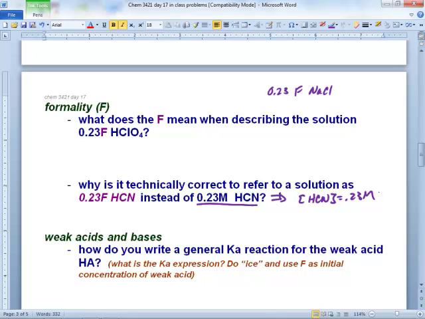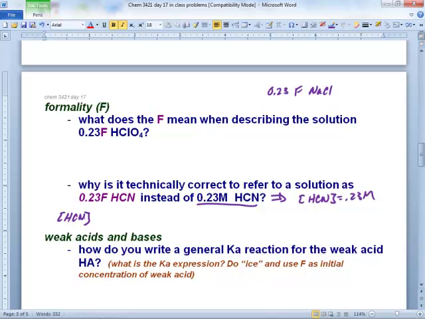So formality, we should probably write that in English, right? The concentration of cyanide in all its forms, or let's say the concentration of HCN, do it this way, because it's F HCN. So it could be F whatever, who cares, F X. The concentration of this X thing, whatever it is, in all its forms is 0.23.